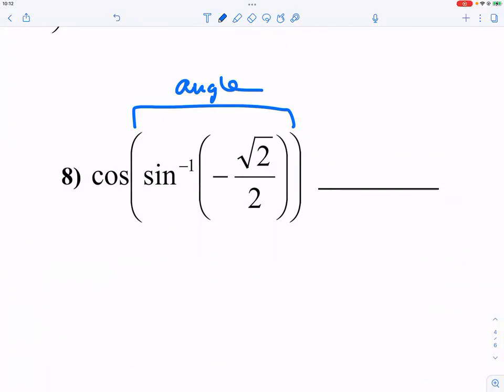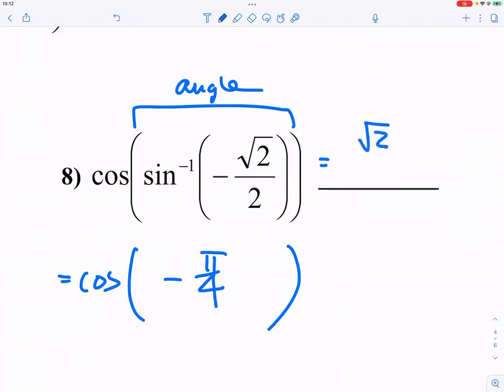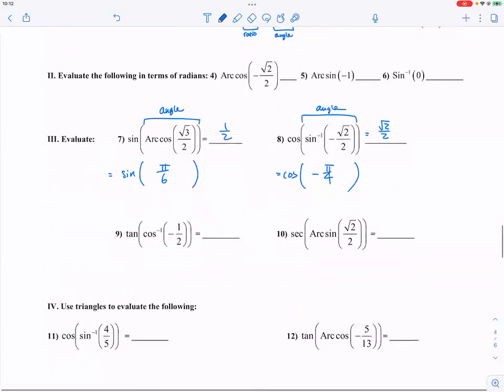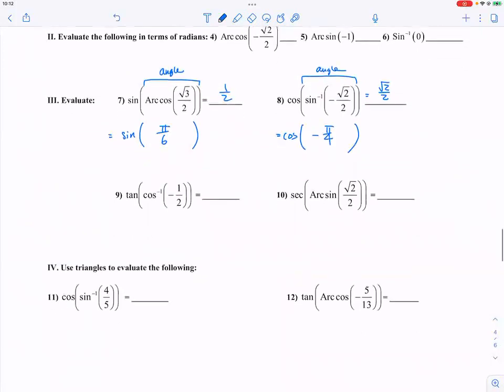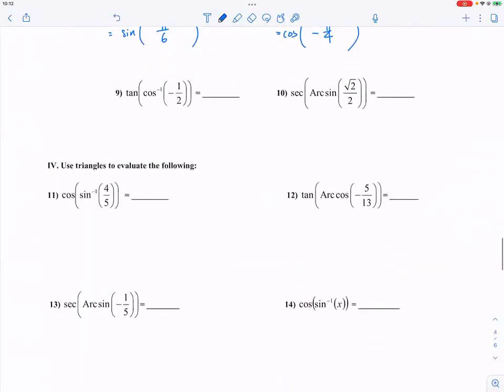So it must be an angle in quadrant 4. It is negative pi/4. And cosine of an angle in quadrant 4 gives you a positive value. So cosine of negative pi/4 is equal to √2/2. Okay. So that's really straightforward.